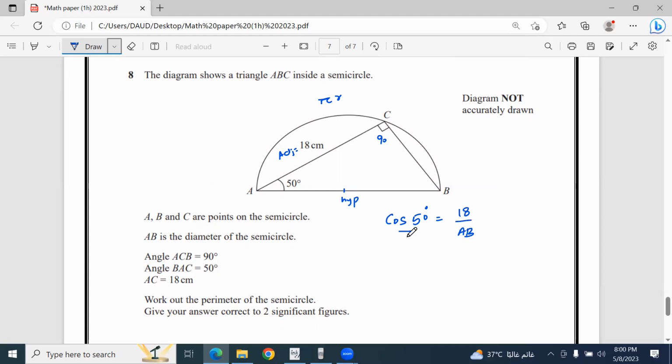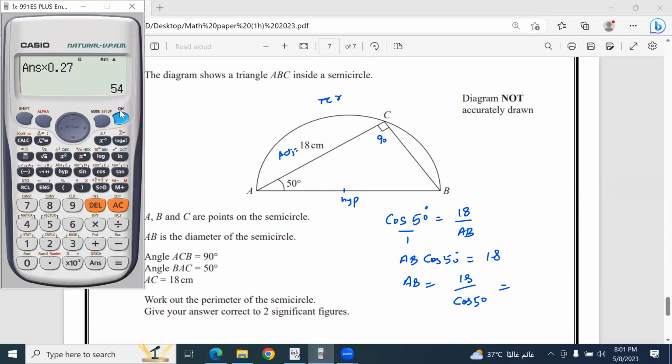Cross multiply: AB cos 50 equals 18. The next step, AB equals 18 over cos 50. In the calculator, it is 18 divided by cos 50.